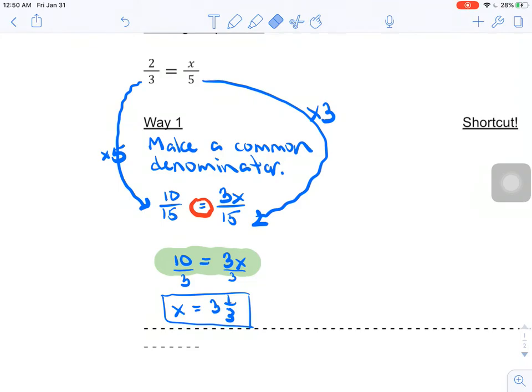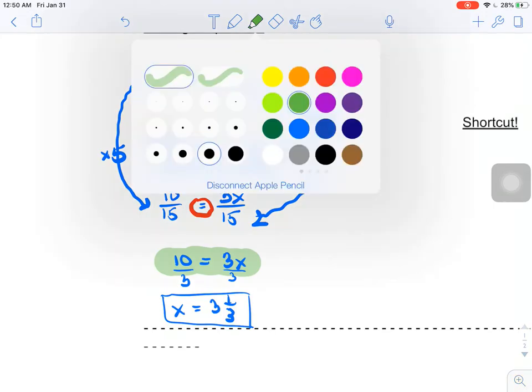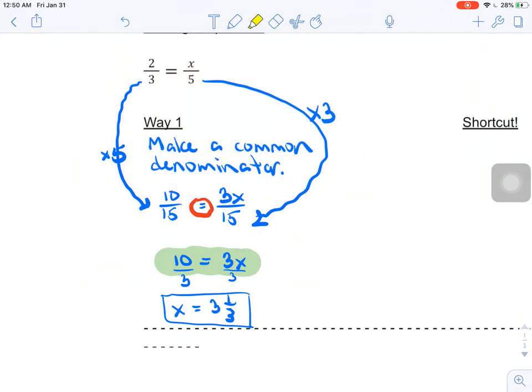So when we made our common denominator, in order to get the 10, we took the 2 and we multiplied it by 5. Well, that also happens to be the denominator of the other fraction. And that's how we got the 10.